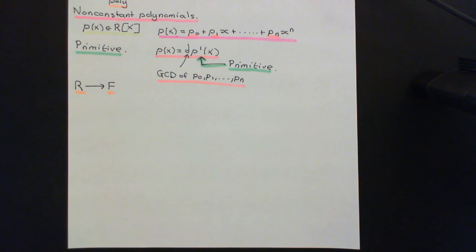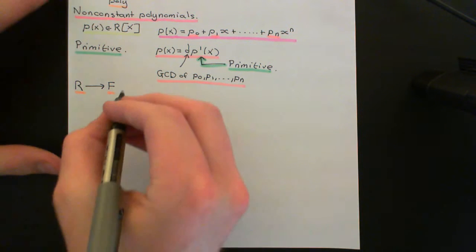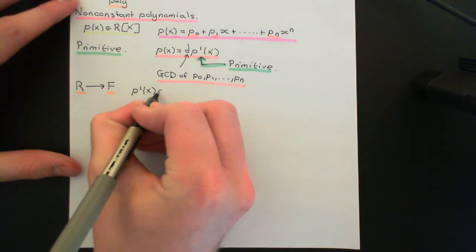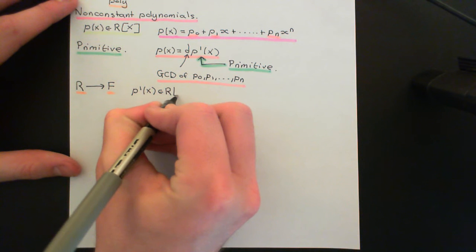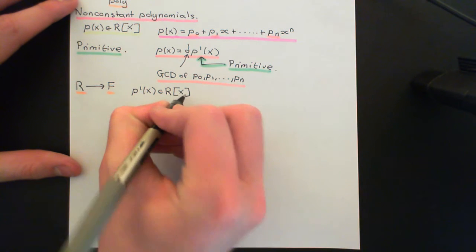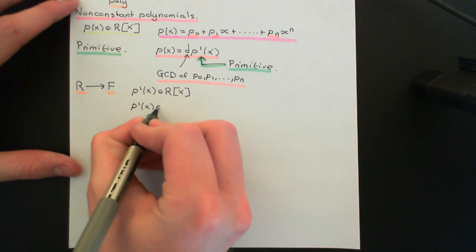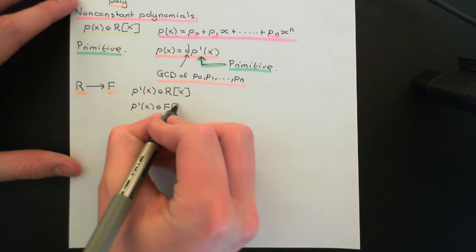So what does this mean? Well, this means that our primitive polynomial p prime of x, which at the moment is an element of our ring of polynomials over the unique factorization domain R, can also be thought of as an element of the ring of polynomials over our fraction field.